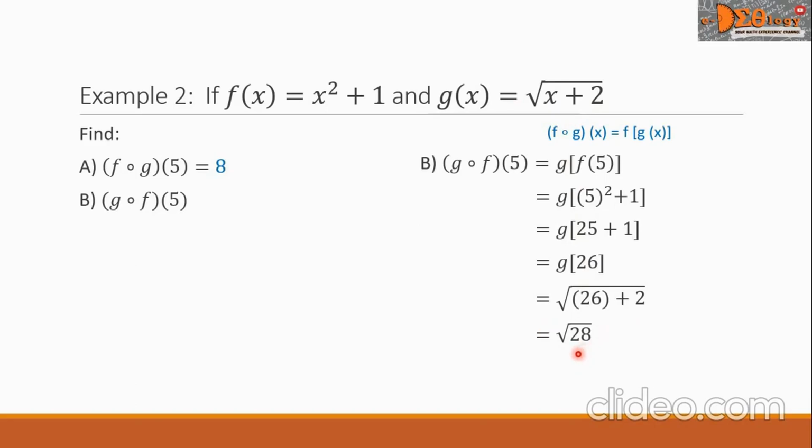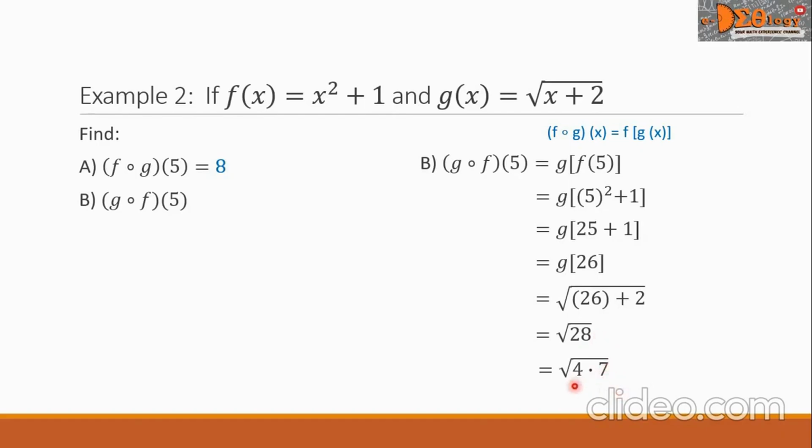To simplify further, this 28 is not a perfect square number. So we will split 28 into factors, and one factor must be a perfect square number. And the factors are 4 and 7, because we know 4 times 7 is 28.